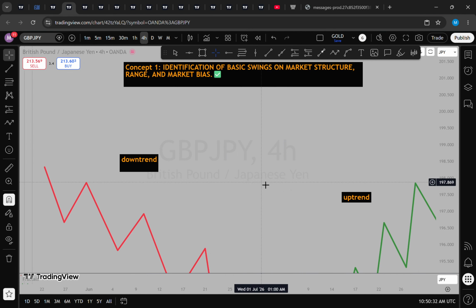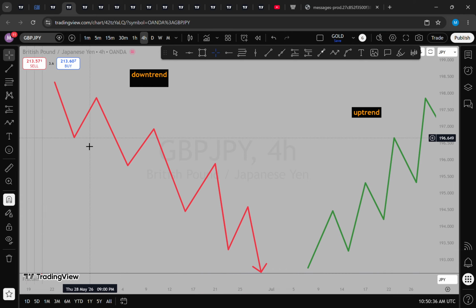So if you're talking about the basic swings on a downtrend, we have a high, low, lower high, lower low, lower high, lower low, lower high, lower low.